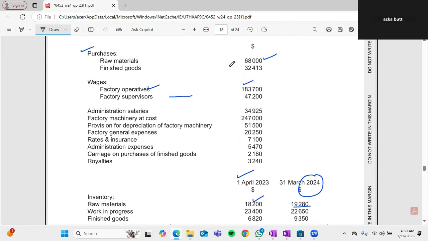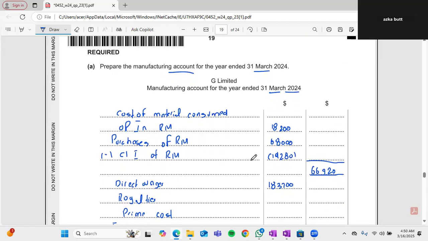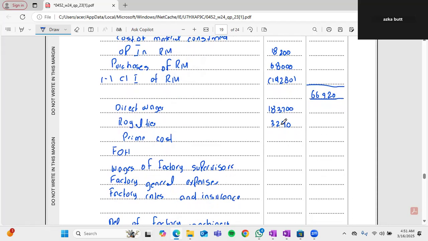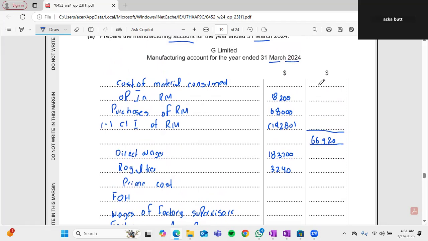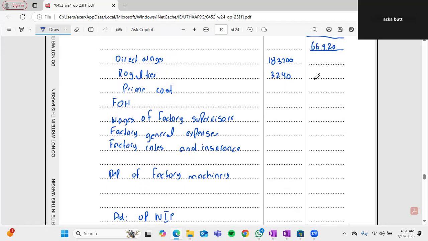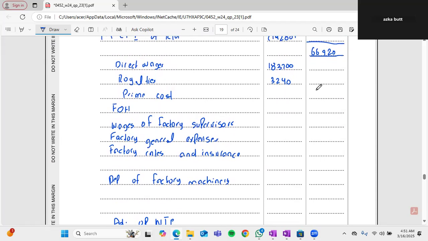Royalties, 3,240. Now add direct wages and royalties with the total cost of the raw material consumed. This is known as the prime cost. Prime cost is 253,860.